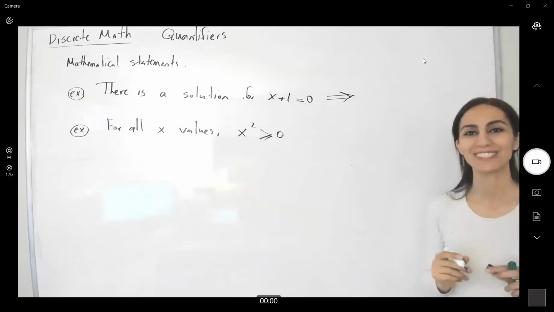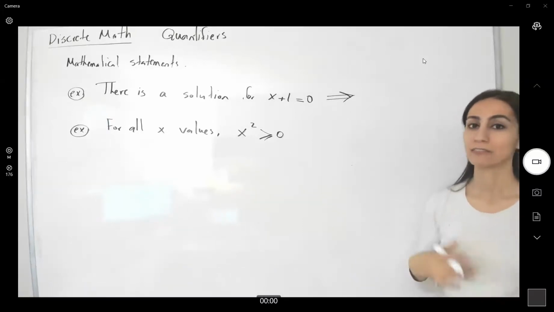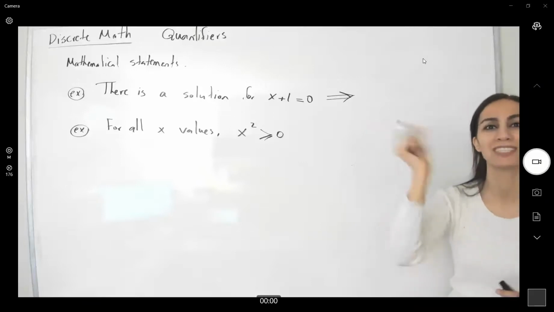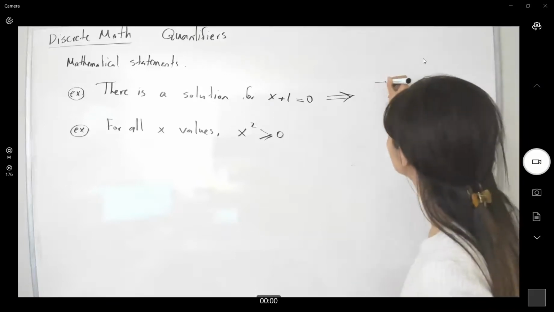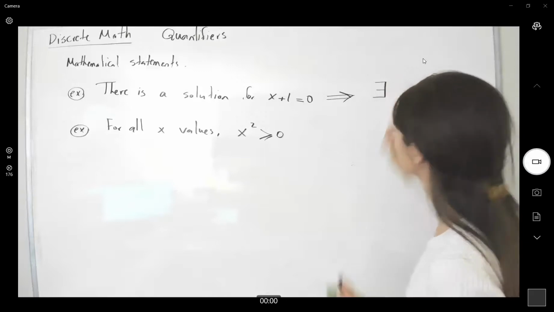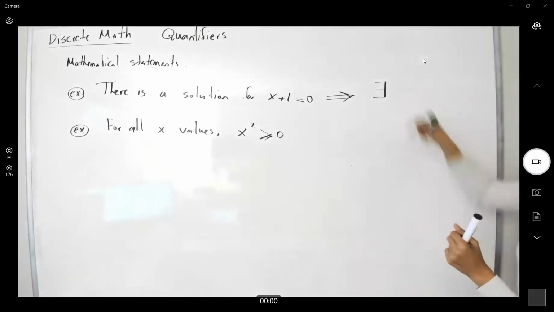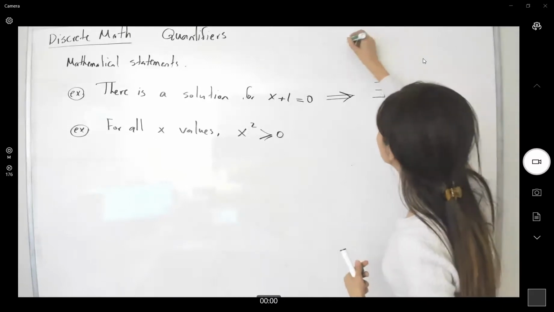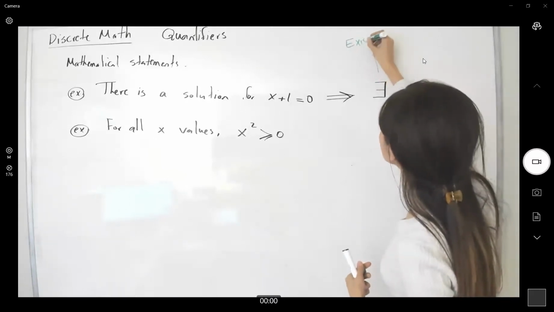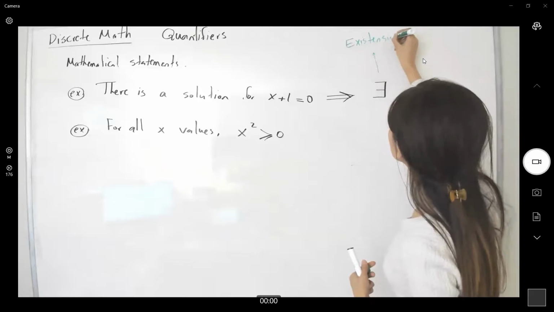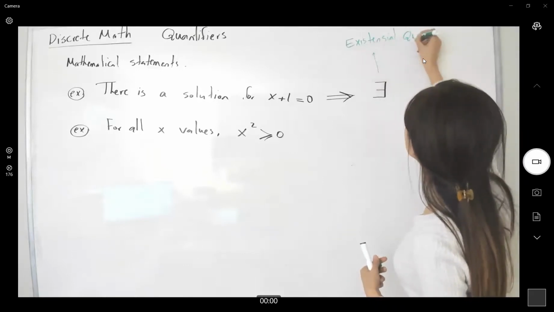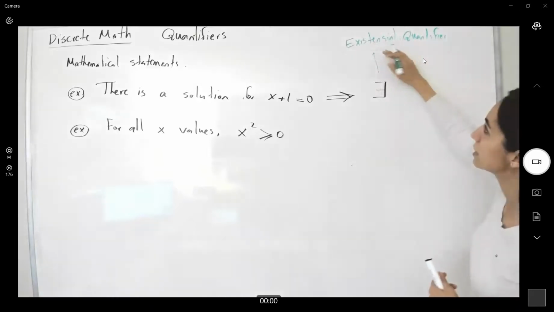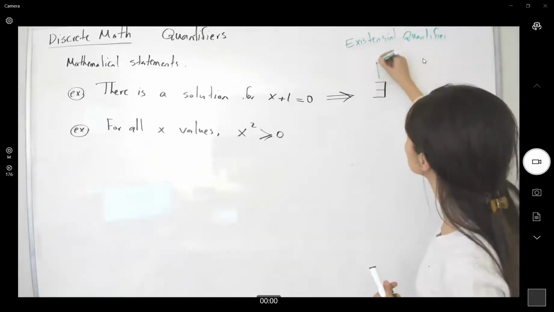We're going to use a quantifier that we call the existential quantifier. It is a flipped capital E. We read it as there is.